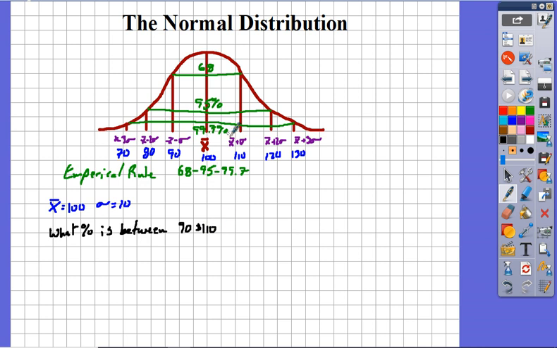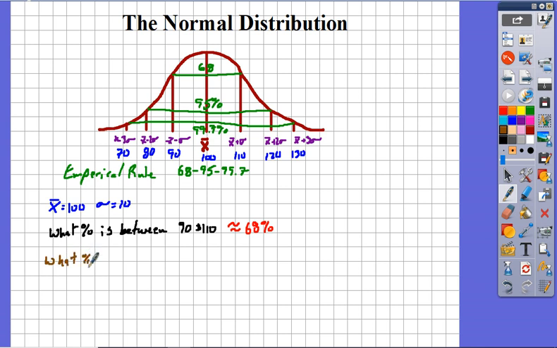Well, that would be right here, 90 to 110, that's one standard deviation in each direction. And we'd say that's approximately, because it's just a rule of thumb, approximately 68% of our data would be between those values. Now, another example kind of question could be something more like this.